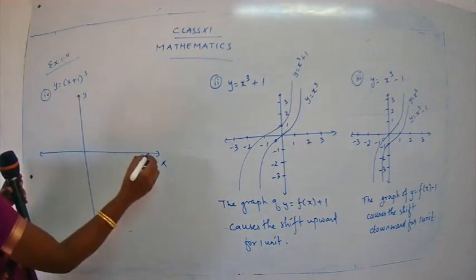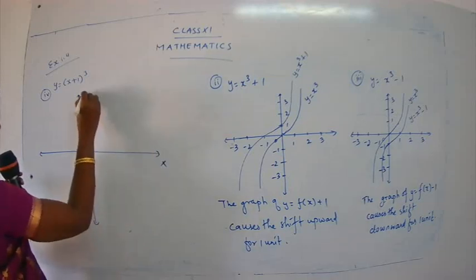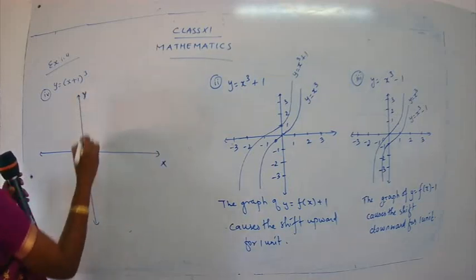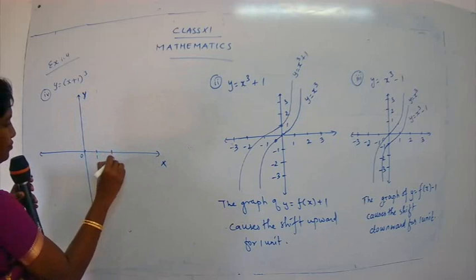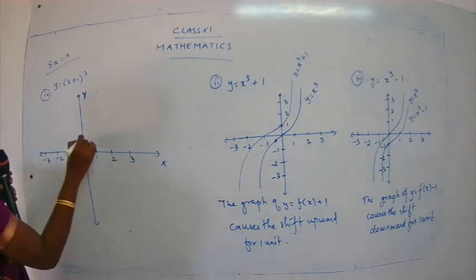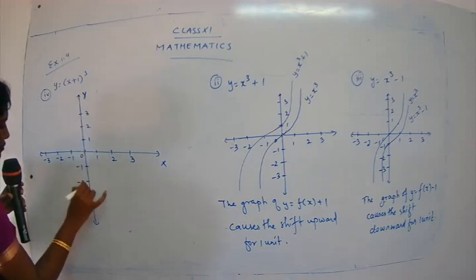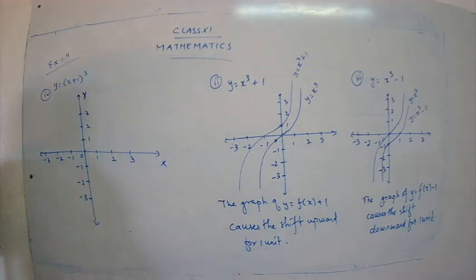So y, x axis, y axis. Okay, 0, 1, 2, 3, minus 1, minus 2, minus 3; 1, 2, 3, minus 1, minus 2, minus 3.